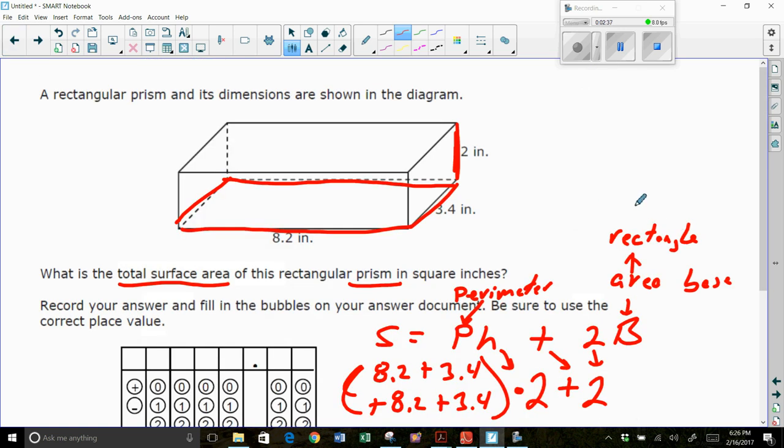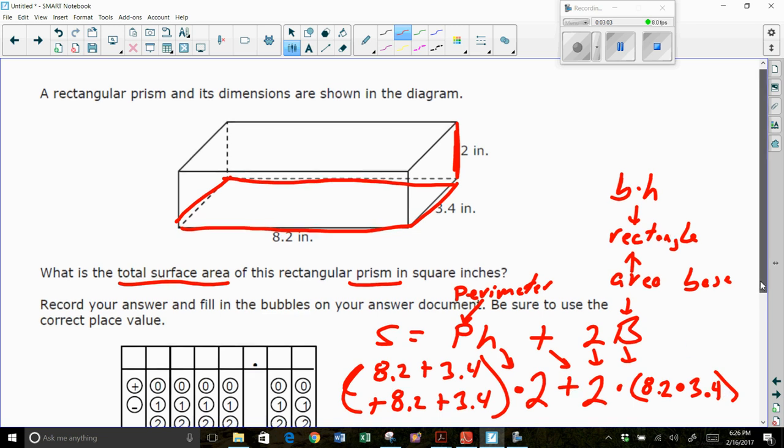In this section, I want the base times the height of that rectangle. My base of my rectangle is 8.2 times the height of my rectangle, 3.4. So that's what we're going to be typing into our calculator.